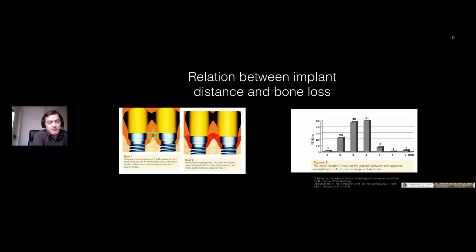In my practice, we have so many one-piece implants, and if I have only a gap of 2 millimeters between two one-piece implants, it is no problem. I'm losing no bone. But if I have normal implants, not one-piece, like the tree, like Zimmer, like Straumann, then I have to get a bigger gap, like 3 or 4 millimeters, because one-piece implants react totally different from two-piece implants.